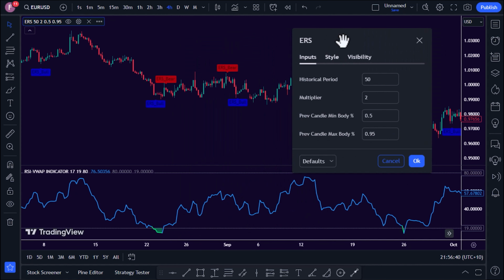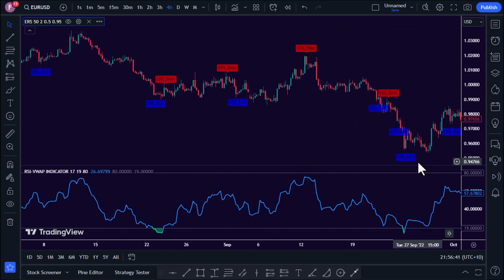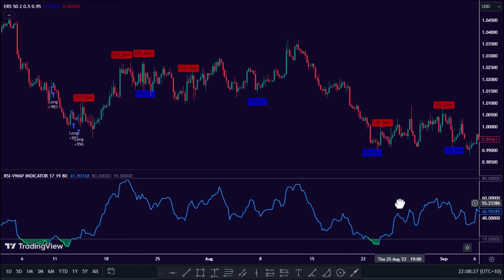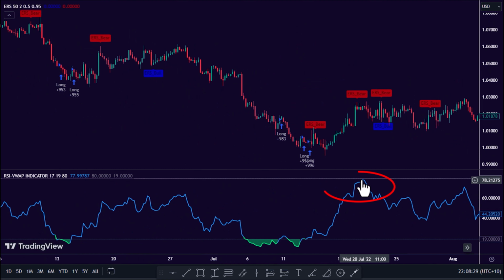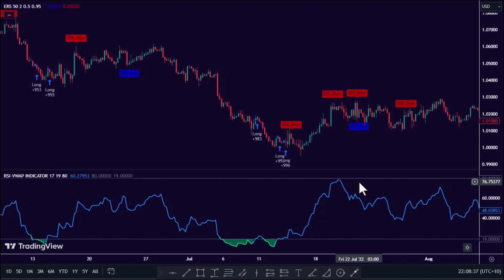How to use the RSI VWAP indicator: overbought and oversold conditions. Use the RSI to identify overbought, RSI above 70, and oversold, RSI below 30, conditions. These extremes indicate a potential reversal in price. Confirm potential reversals by observing the relationship between price and the RSI VWAP.